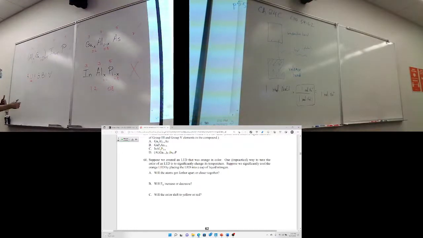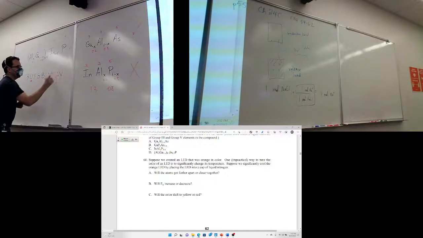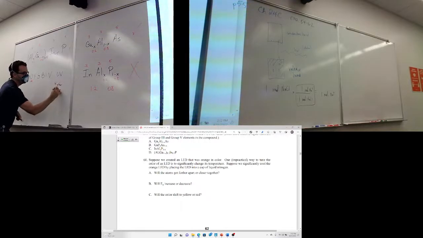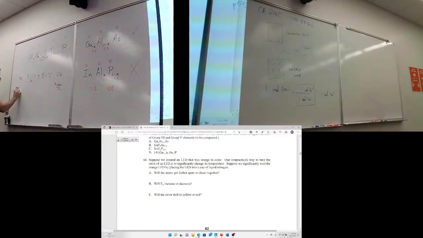So if I put ultraviolet here and infrared, this is higher energy over here. This is lower energy. So if the band gap is increasing, the energy of the photon is going to be higher energy. So instead of seeing orange, you'll start to see yellow. And it'll turn green eventually, and maybe even blue.